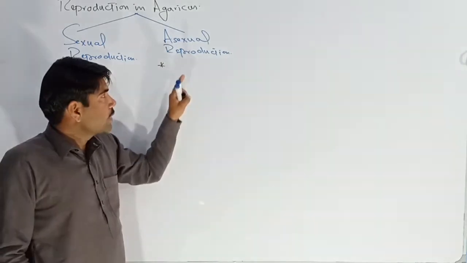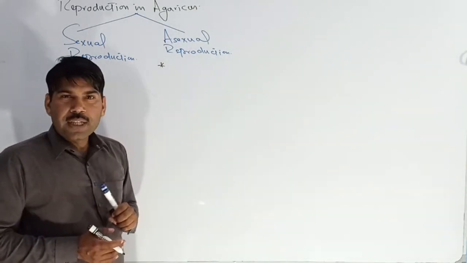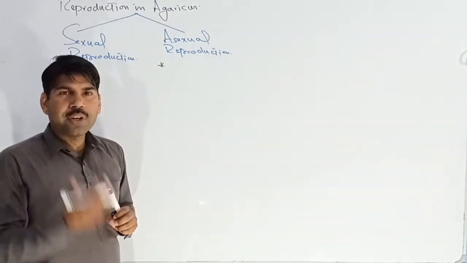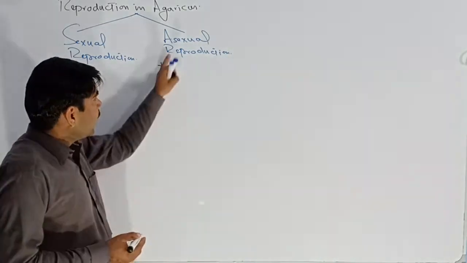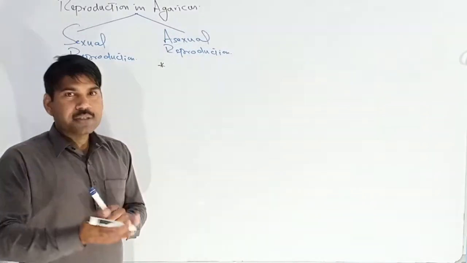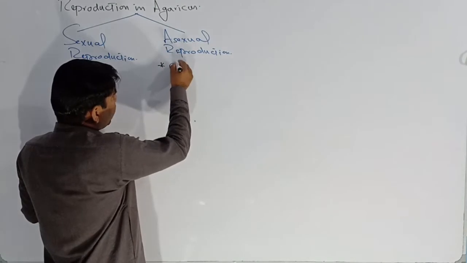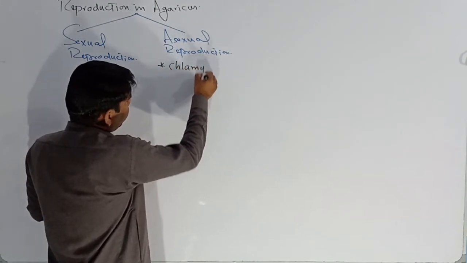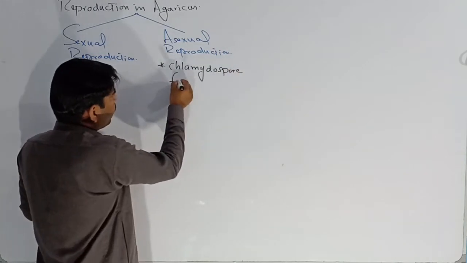not found. We can say that it is not commonly found in the different species of Agaricus, but it is a very rare type of reproduction in the Agaricus genus. If it takes place in a few species, then it can take place only with the help of chlamydospore formation.